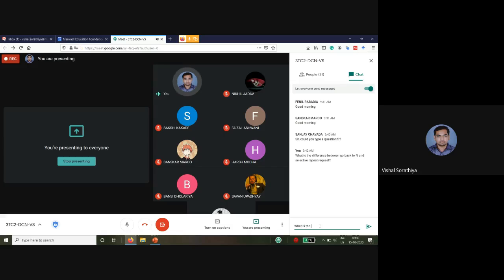Second question, what is the difference between go back to N and go back to N piggybacking? So these are the two questions. You need to write a 4 line answer for both of them, 2 lines for each, so overall 8 lines about these two questions. What is the difference between all this stuff?